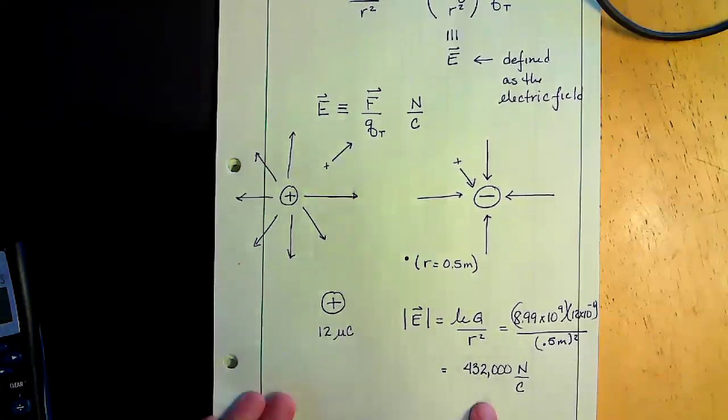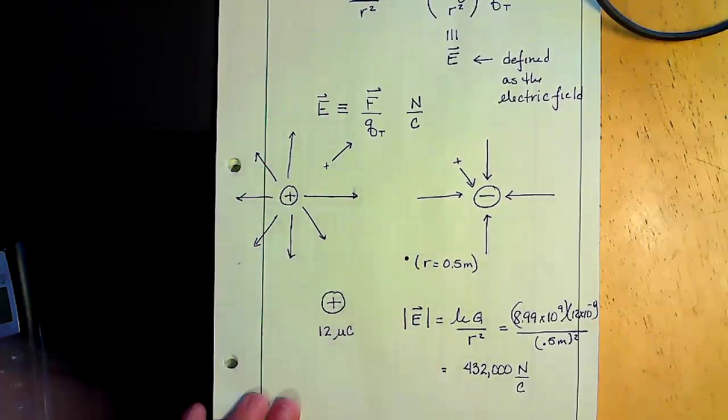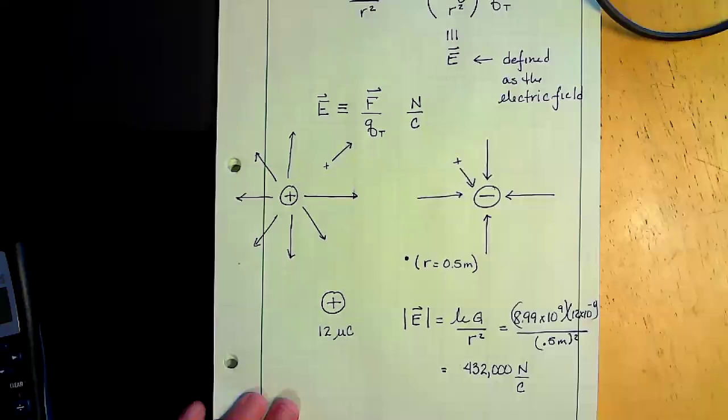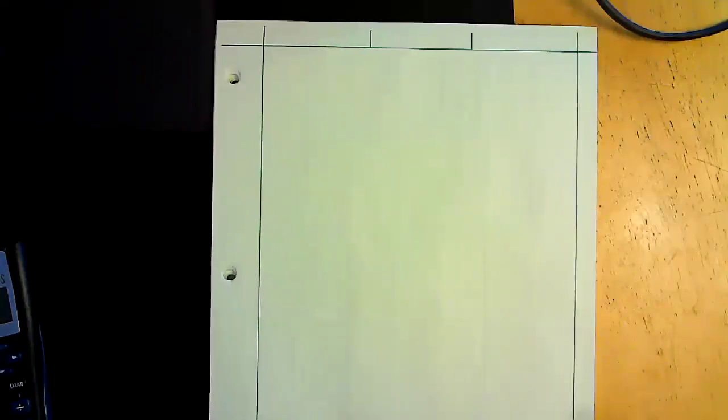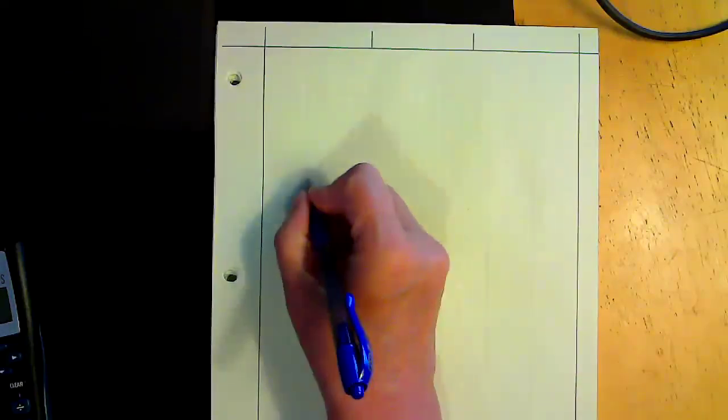But this gives us an interesting idea, because now we can look at charge distributions a little differently. So just like what we did with our forces, we can look at a charge here.